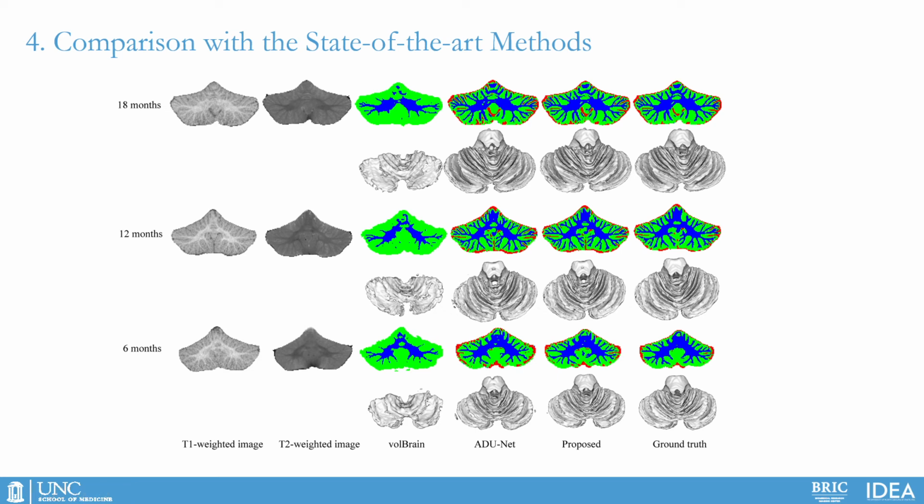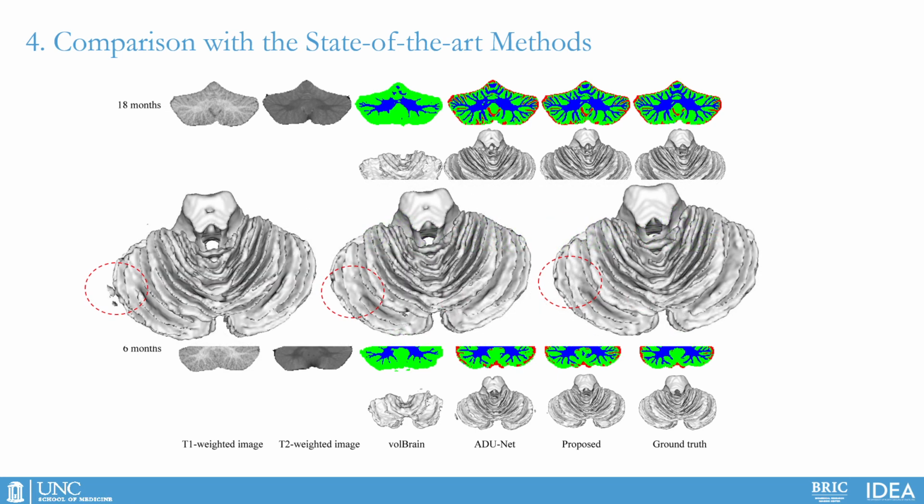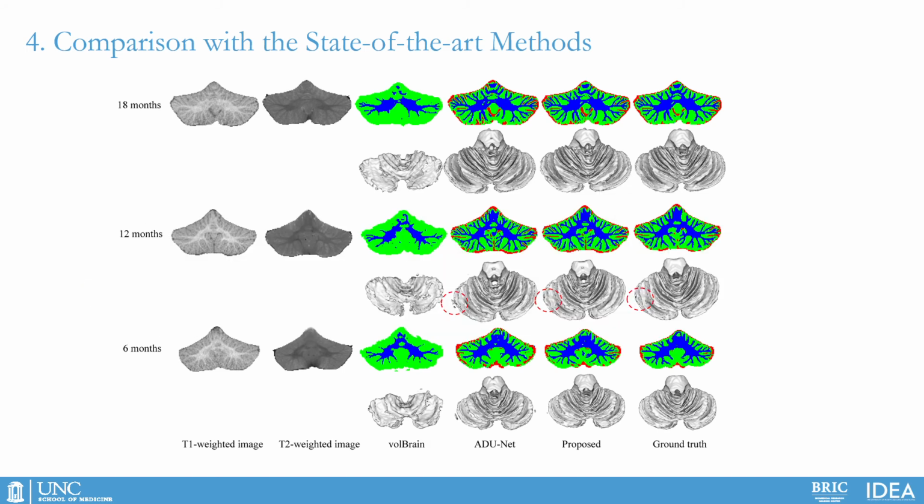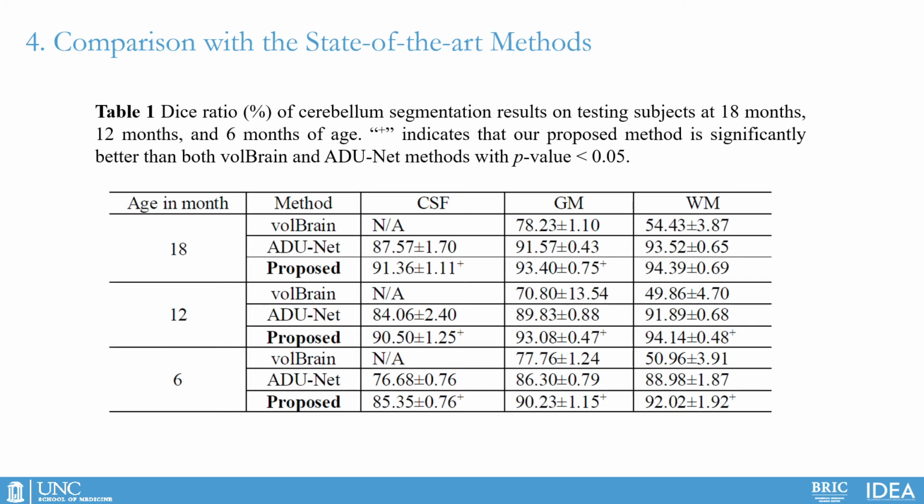The red lines circle some results where we can compare the methods' performance. This table shows quantitative results, with the Dice ratios of cerebellum segmentation results on testing subjects at different months of age. The cross symbol indicates that our proposed method is significantly better than other methods.